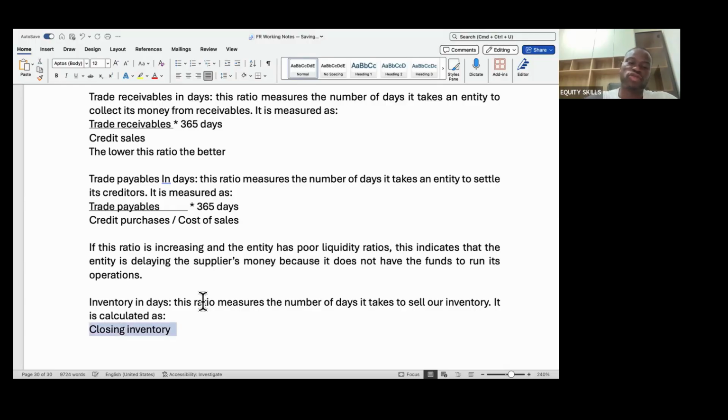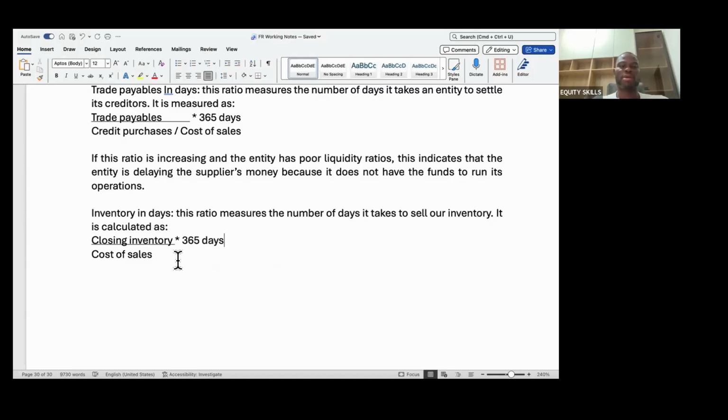Don't use average inventory, use closing. It's easier for you. All upon my cost of sales multiplied by 365 days. So this will give me my inventory in days.